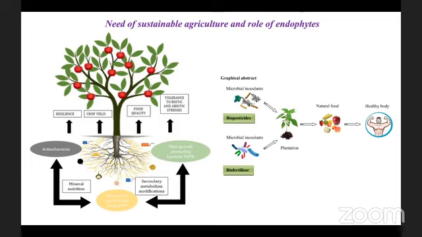So how can we employ the endophytes here? Endophytes are employed to increase crop yield, that is, they can promote plant growth. And second, they help against pathogenic attack, or we can minimize the use of pesticides. In the next picture we can see these microbial inoculants can be employed as biopesticides or biofertilizers.